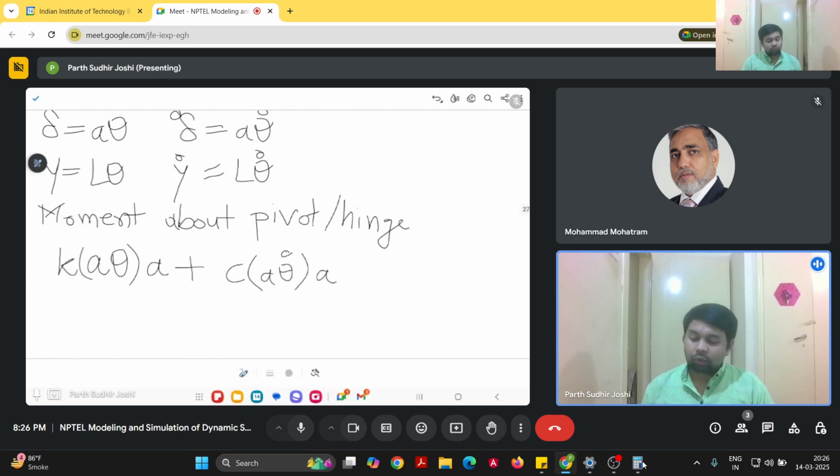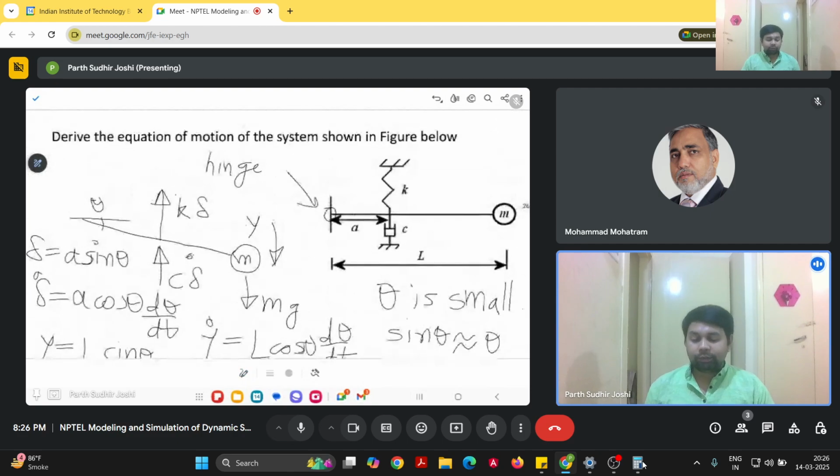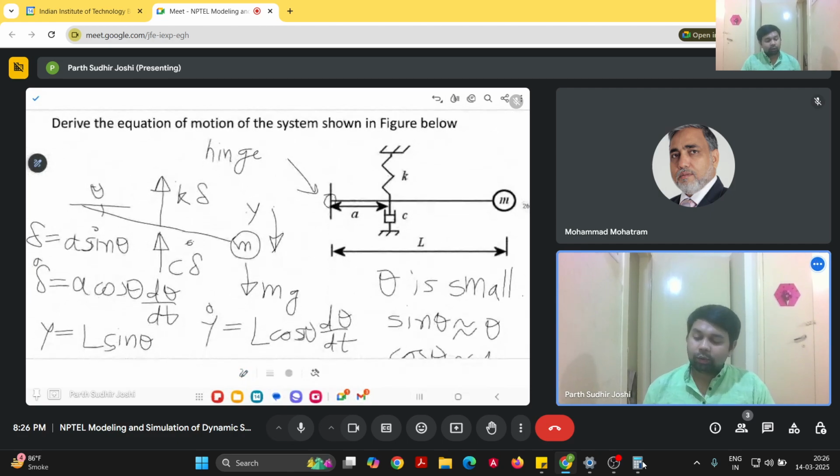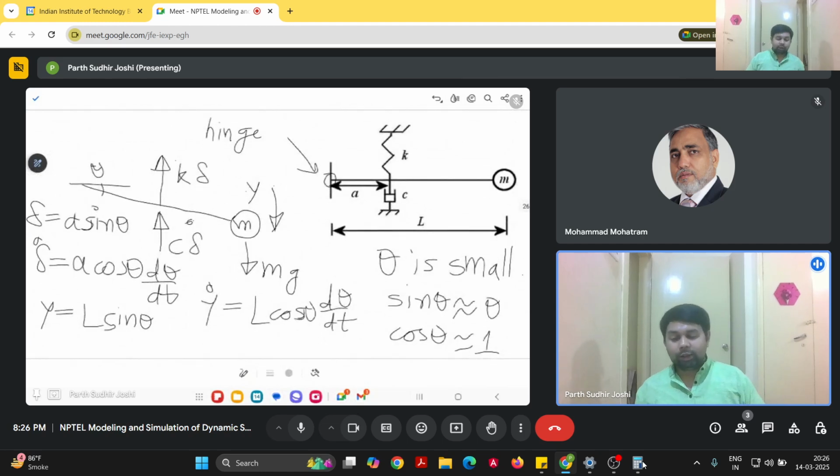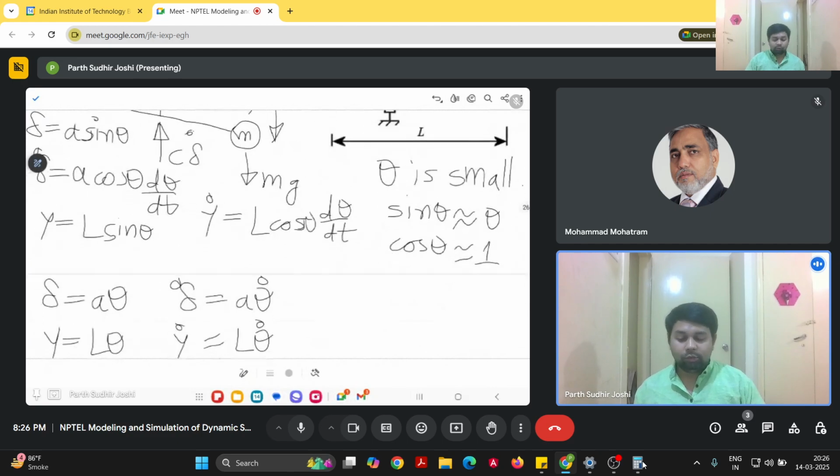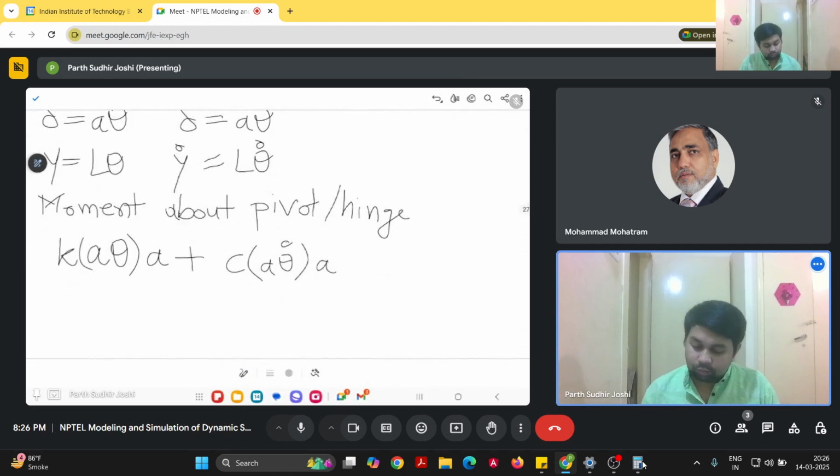The anti-clockwise direction we will consider as positive. And since the mass has deflected downwards, which is clockwise theta, we have I theta double dot, and since theta is clockwise, we will put a minus sign here.